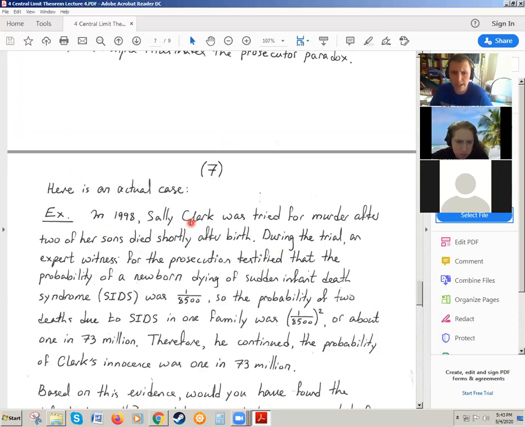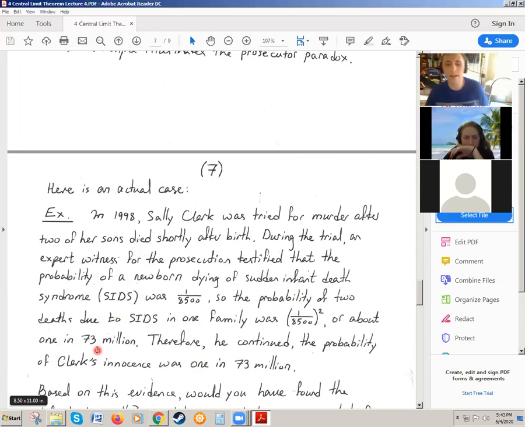During the trial, an expert witness for the prosecution testified that the probability of a newborn dying of sudden infant death syndrome, SIDS, is 1 out of 8,500. The expert witness calculated the probability of deaths due to SIDS in one family to be 1 over 8,500 squared. So basically, it's 1 out of 73 million, roughly.